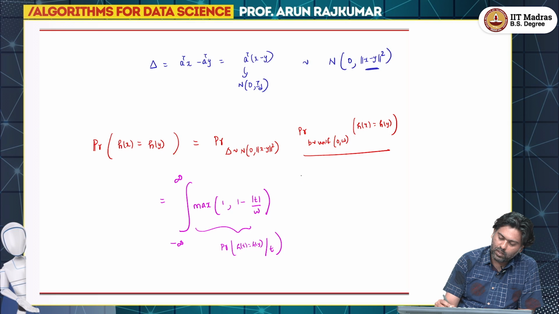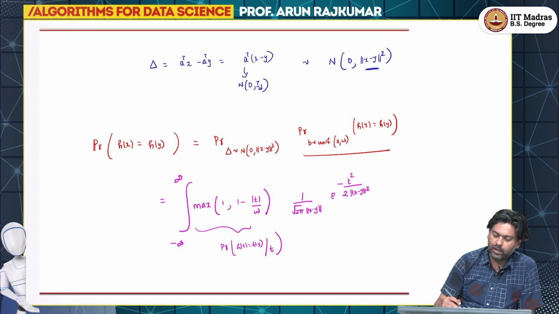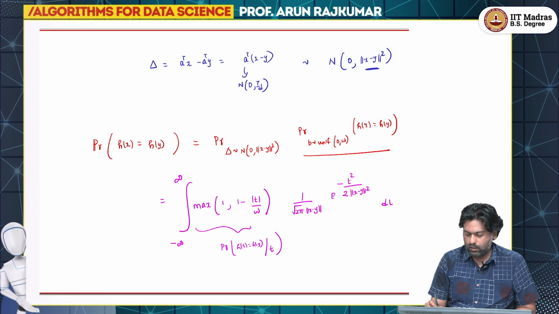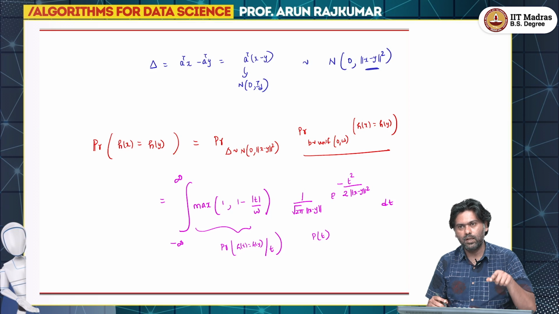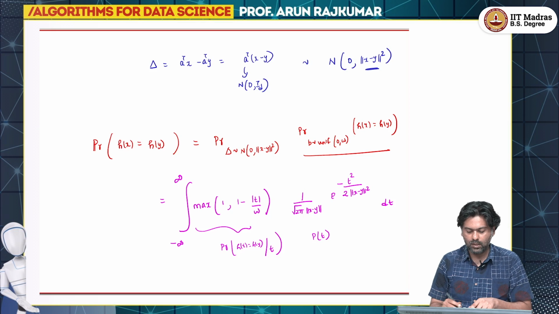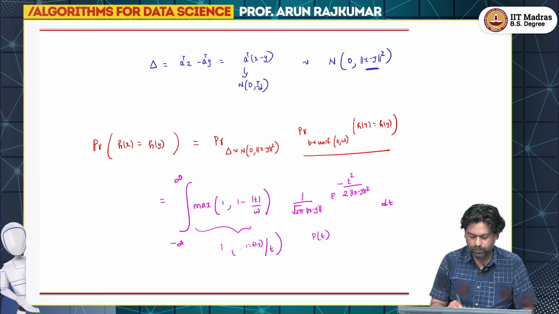We know what that is: 1 by square root 2 pi, norm x minus y, e to the minus t square by 2 norm x minus y squared, dt. Think of this as probability of t, and I am integrating it over all values of t from minus infinity to infinity. So, this whole thing is just the probability of the collision happening.